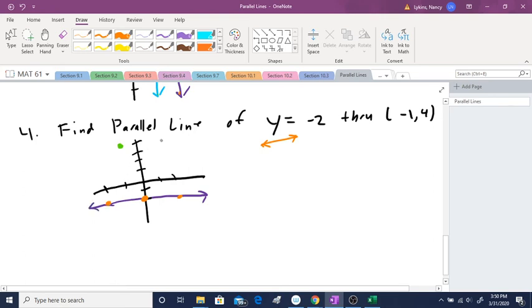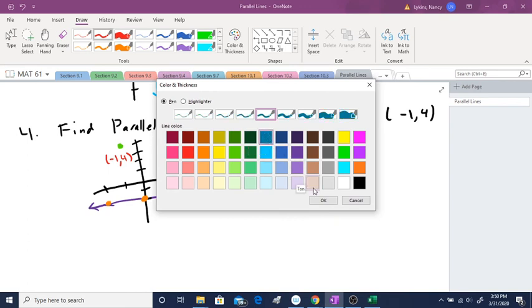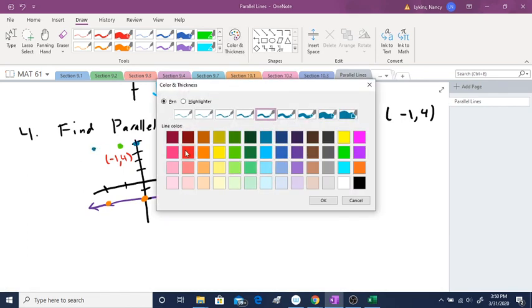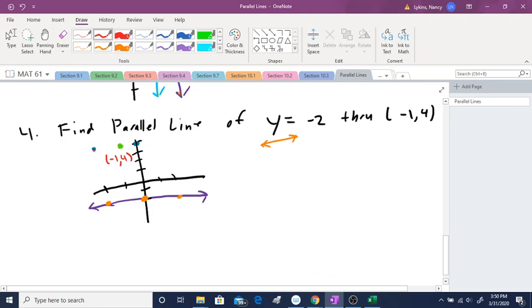That means my point (-1, 4), if I move this over to the y-axis, or you can move it over to the left, it's going to connect. And where does this line cross? It crosses at y equals 4. So y equals 4 is parallel to y equals negative 2.